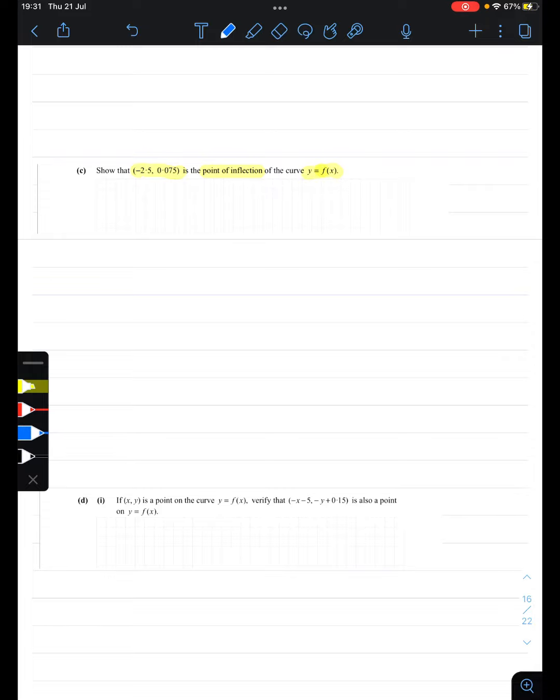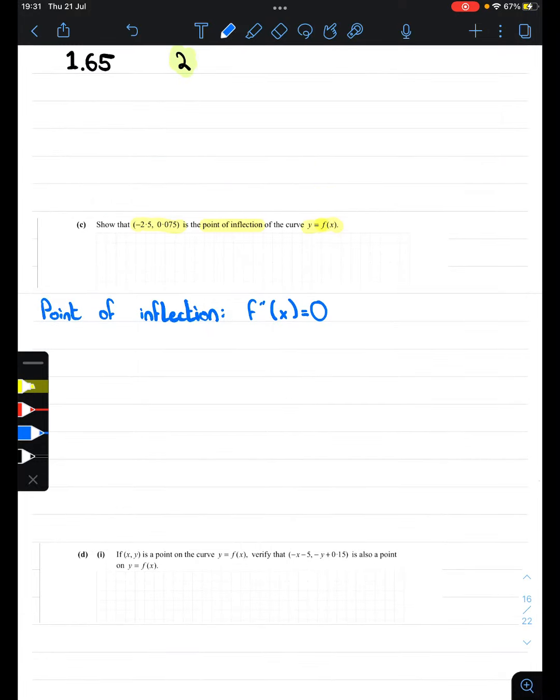A point of inflection just means the second derivative is 0. Whenever you hear turning point, you think immediately derivative is 0. Whenever you think point of inflection, immediately second derivative is 0.